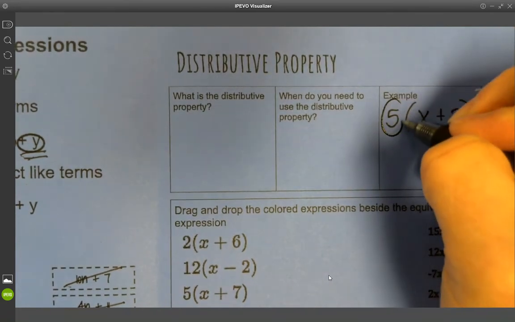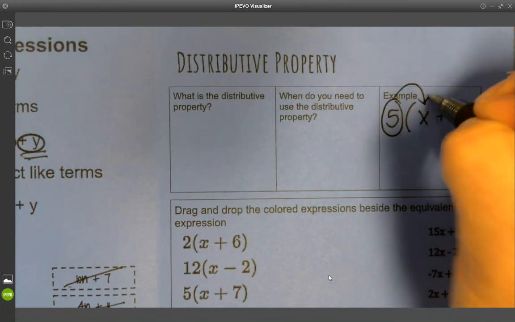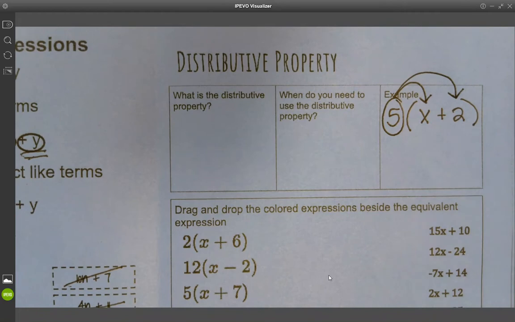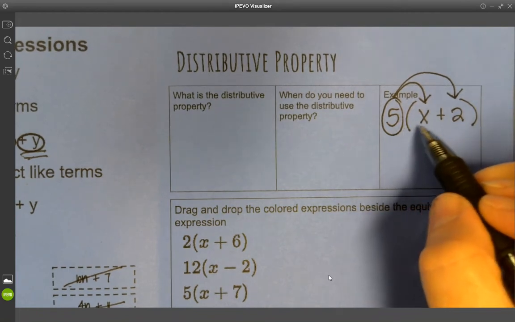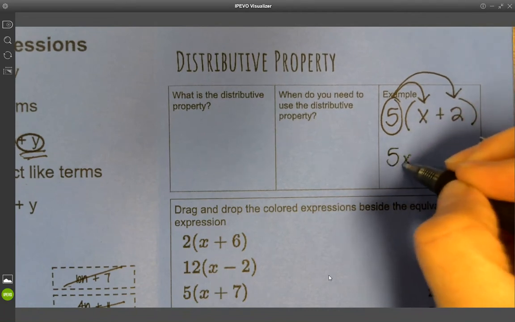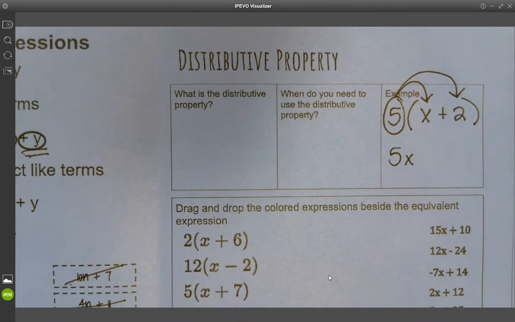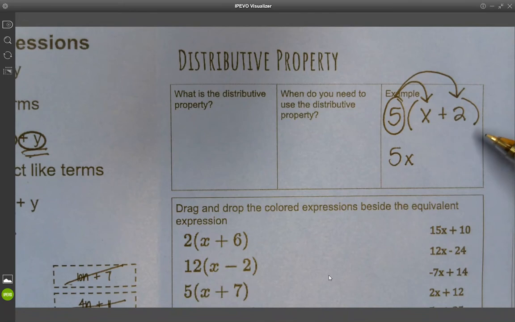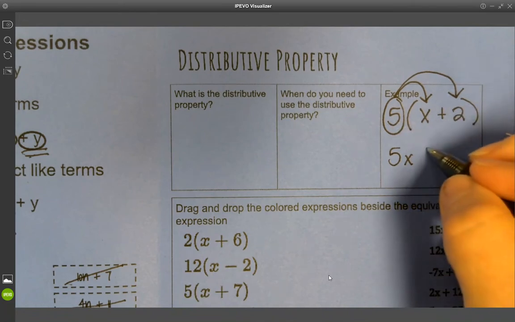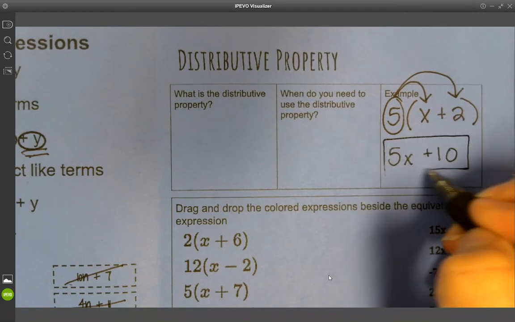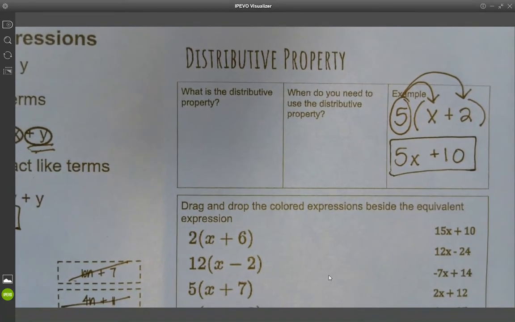I'm going to multiply this 5 by sending it in. So if there's a 5 here and it goes to x, it becomes 5 times x, making it 5x. And then, don't forget, you have to multiply it by the second term also. So 5 times 2, making that 10. Yep. 5x plus 10.